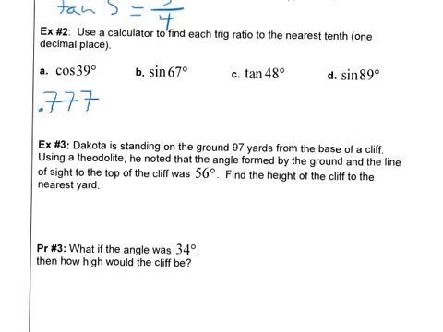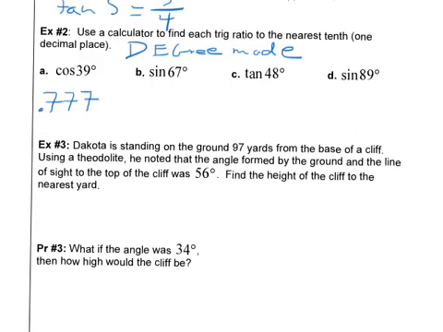Now, a couple of things are really important. Your calculator needs to be in what's called degree mode, and usually it'll just say DEG. There's another mode called radian mode that you don't need to know about or use yet, so don't worry about it. But you always want your calculator in degree mode. If it's not, it's going to kick back something different.